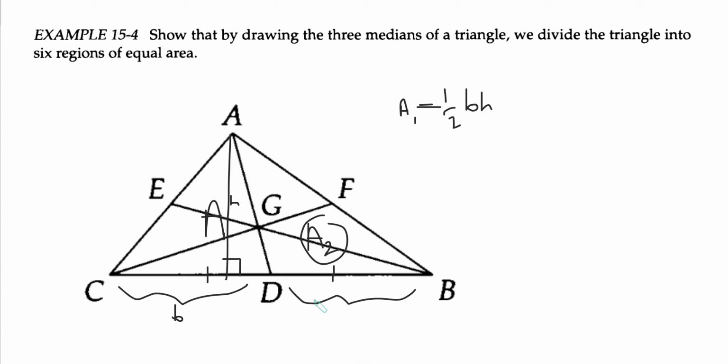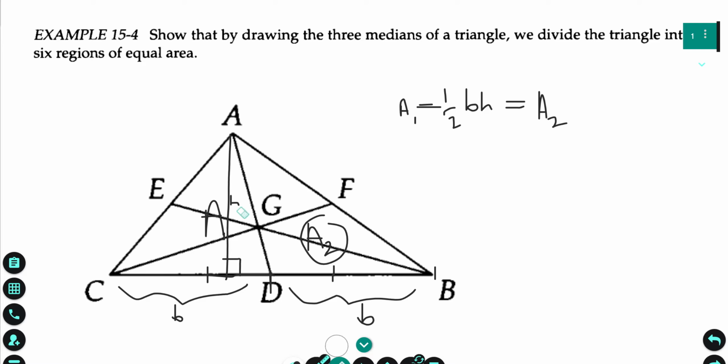A2 is half the base from here to here, and the altitude from A to the extension of this side is also H. So it's that as well. Okay, let me rub this all out.